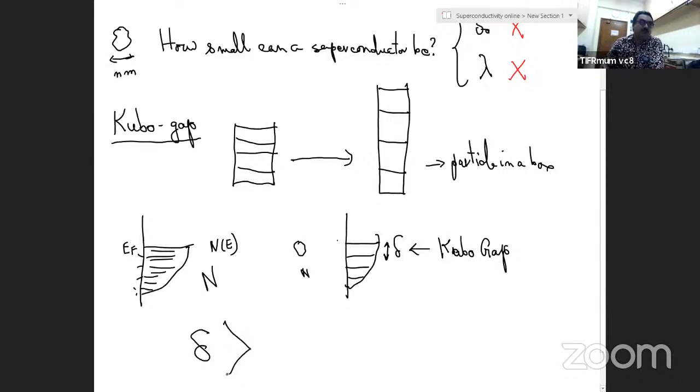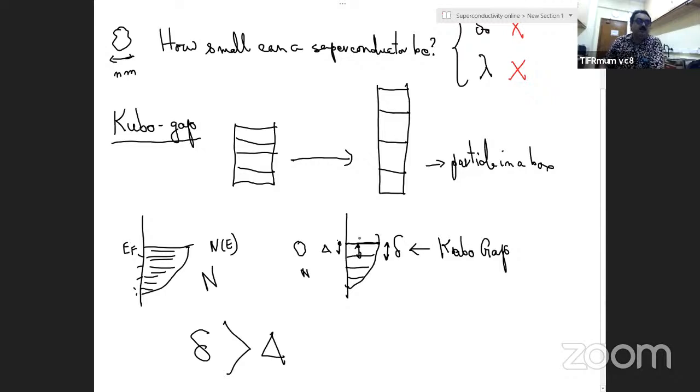Now, when this Kubo gap becomes larger than the superconducting gap, then this was my Fermi level, and the electrons which were within a value delta from the Fermi level are the ones which became Cooper pairs. These are the ones which become super electrons.